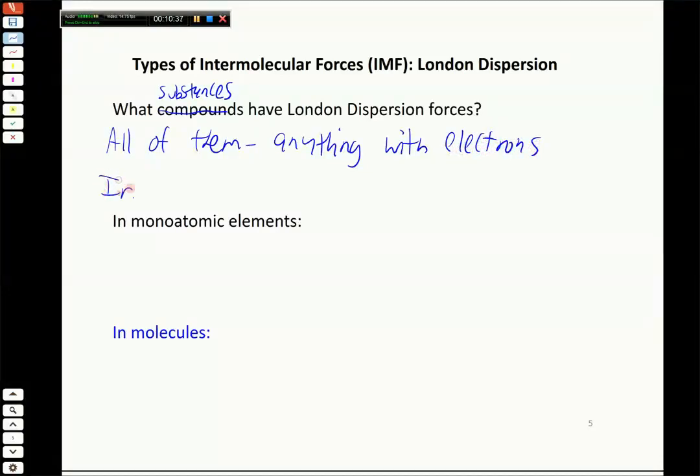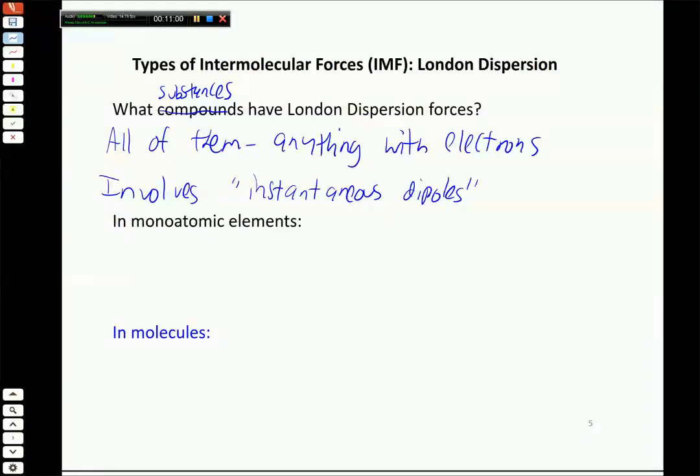And what it involves and why it occurs is what are referred to as instantaneous dipoles. So even in substances that are completely nonpolar, and those are the examples we're going to give here, you have what are called instantaneous dipoles that are responsible for some force of attraction between the molecules, even when there's no net dipole moment overall.